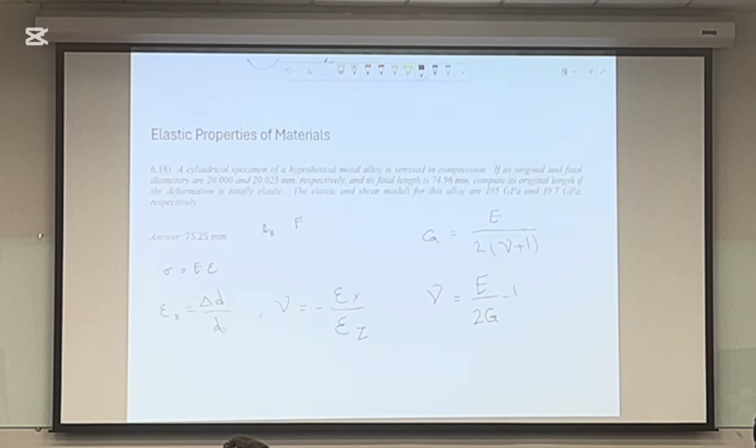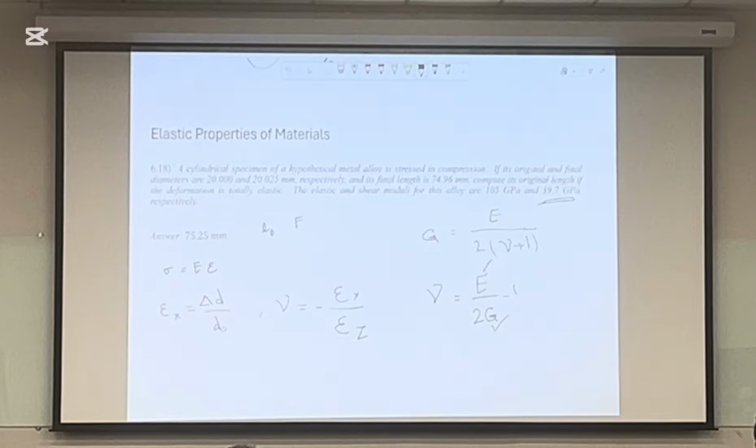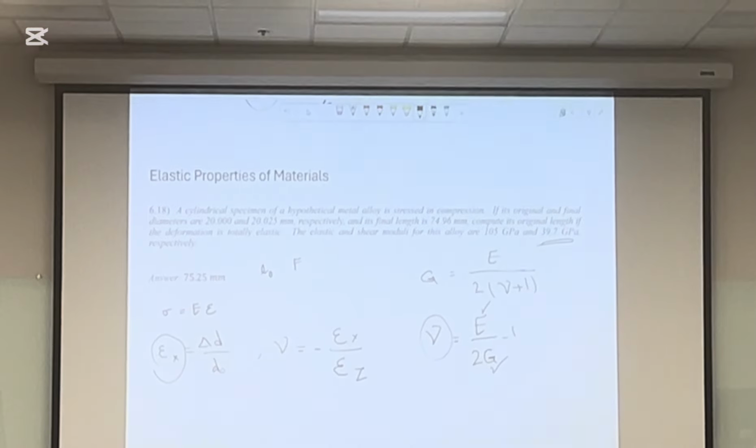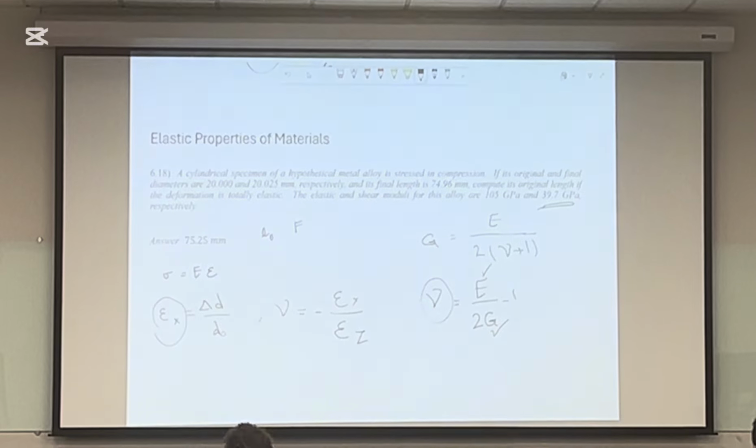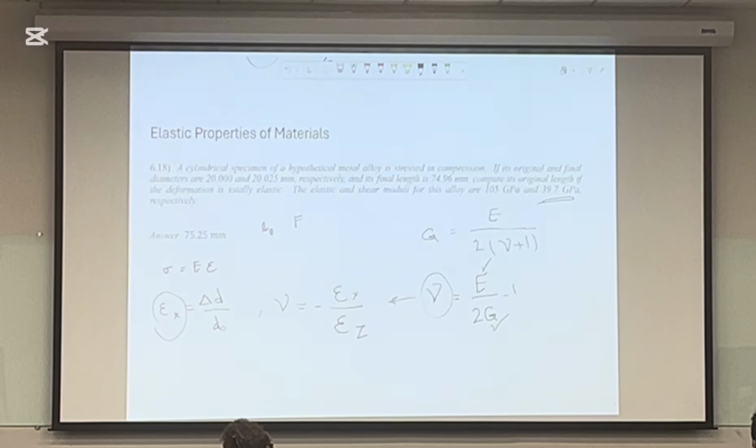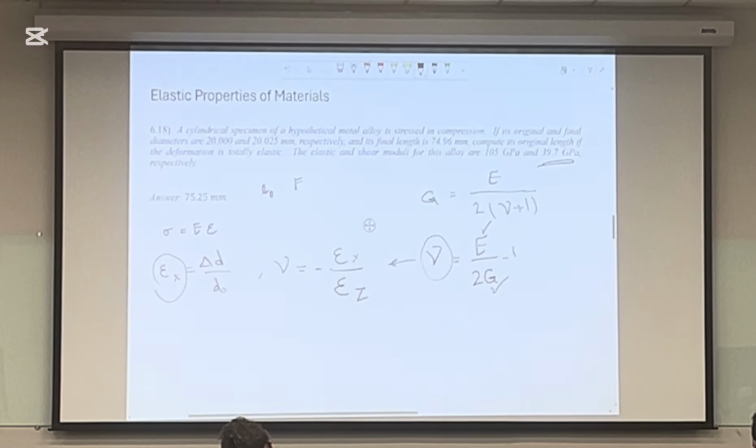And you are given the Young's modulus value and the shear modulus value. So here we can calculate the Poisson ratio, plus we are given enough information to find this epsilon x, which means here we can find epsilon z.